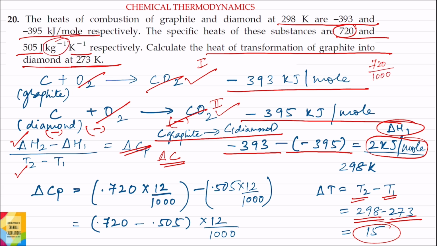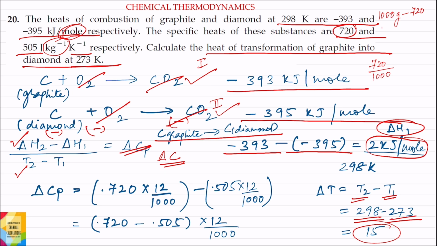So we have to convert it into per mole because delta H value is in per mole. Specific heat for 1 kg of graphite is given. Now we need to know the specific heat of 1 mole of graphite. Specific heat of 1 kg, or 1000 gram, of graphite is 720 joules.